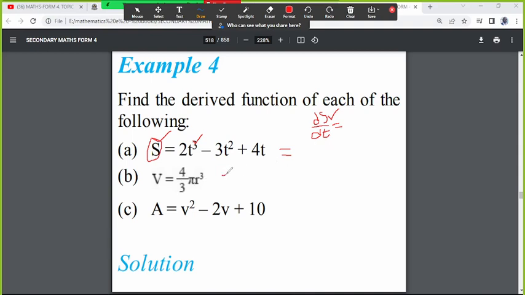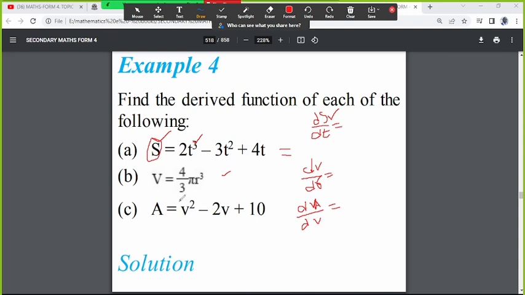On the second one, we are finding dv against dr, so we are differentiating v with respect to r. And this one, we are differentiating a with respect to v. But the process of differentiating remains the same.